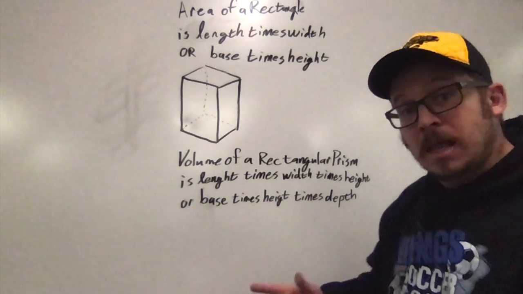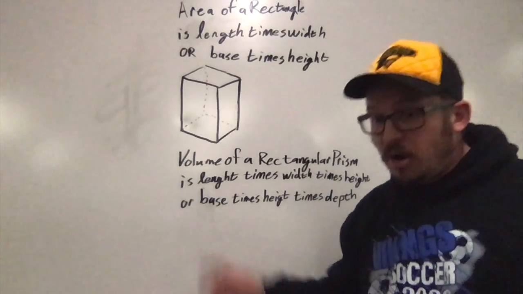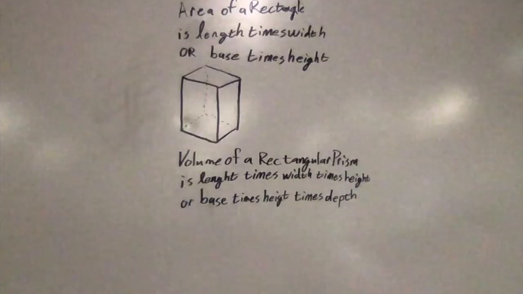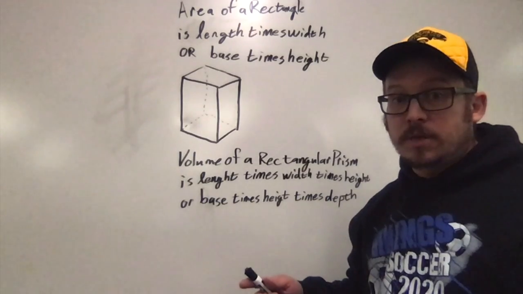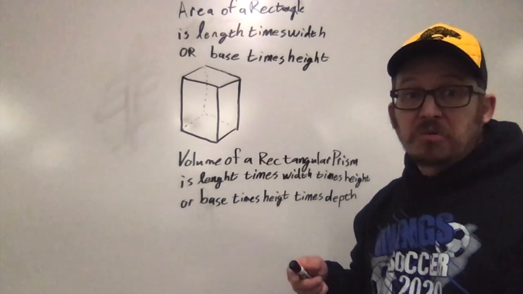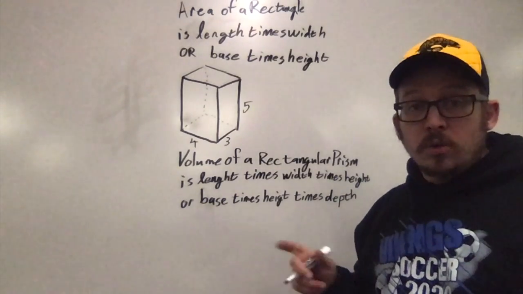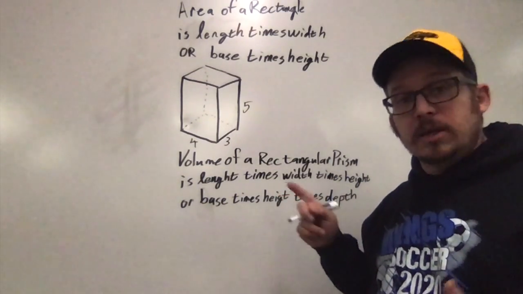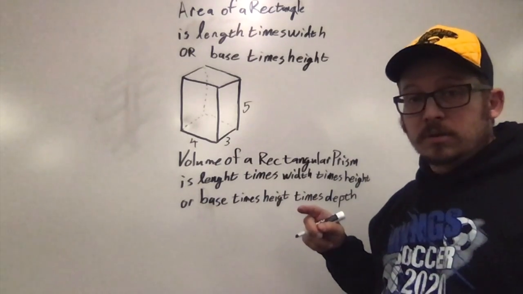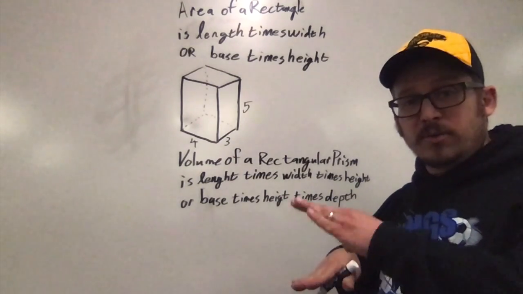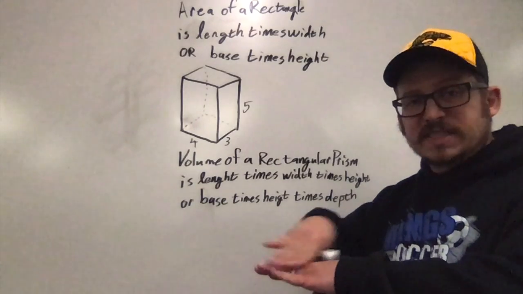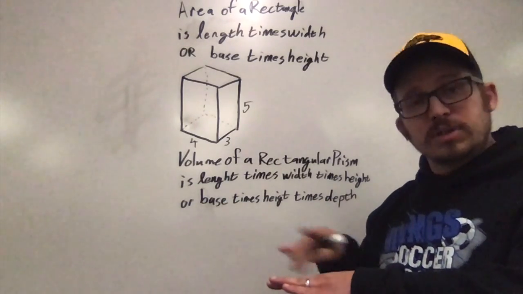Let's try it. Let's say on this particular rectangular prism, we go with the numbers 3, 4, 5. They're just good numbers. If I just wanted to find the area of the footprint where it sits down at the bottom, I'd say 3 times 4 is 12.